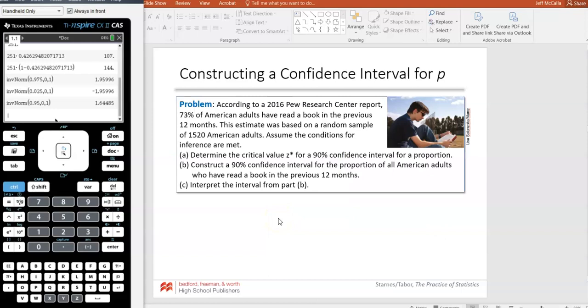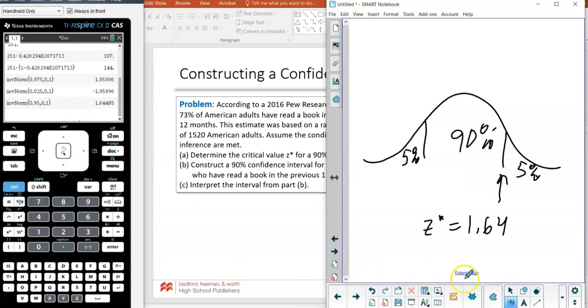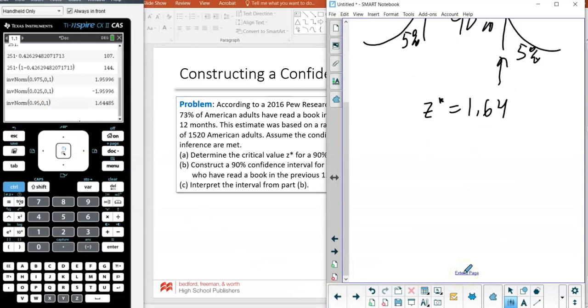Construct a 90% confidence interval for the proportion of American adults who have read a book in the previous 12 months. Okay, so let's get the p hat here. It looks like it's 0.73. So if we start constructing this, p hat would be 0.73, that's our point estimator. We already checked the conditions, or at least it was assumed.